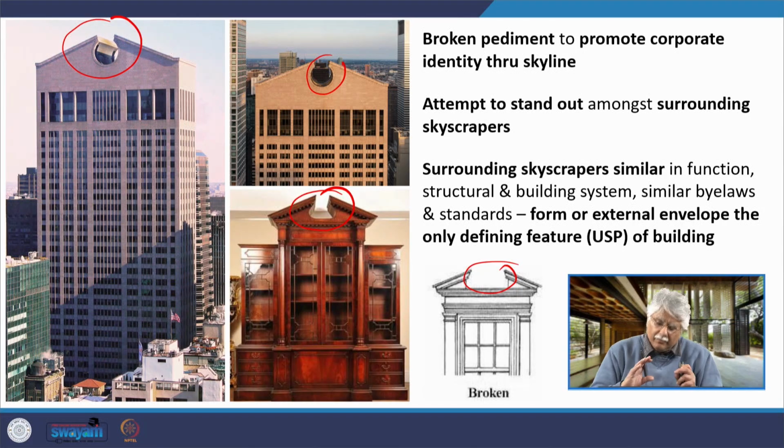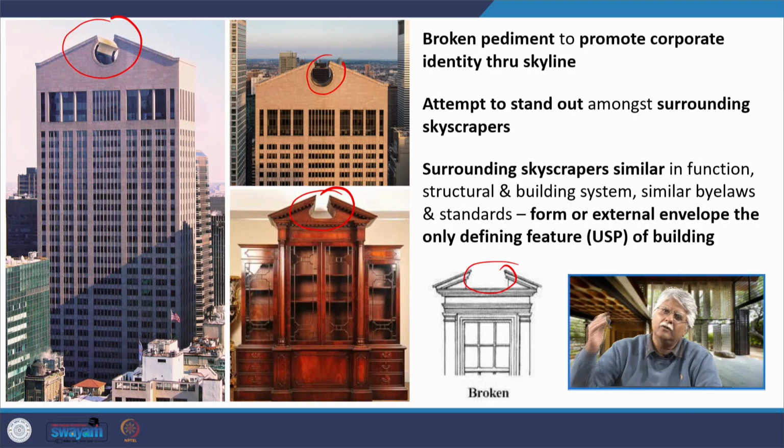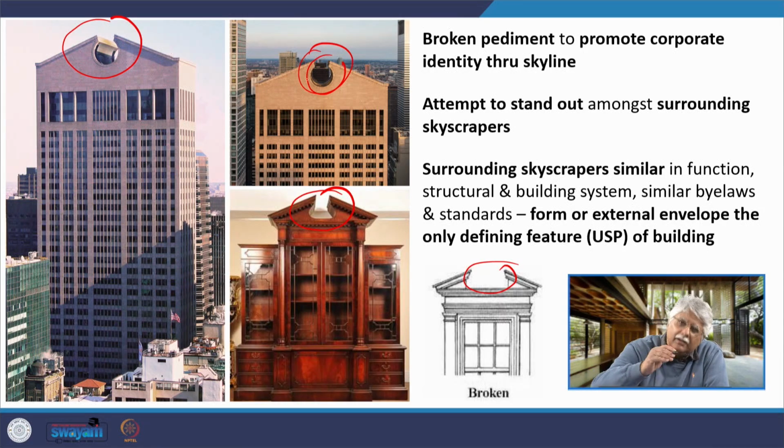In the sea of skyscrapers, how do you identify that this is this particular company's skyscraper? The unique selling point is the pinnacle of the skyscraper, and thus all the skyscrapers around are having similar functions, similar structures, similar building systems, even similar bylaws. Only by the external form, external envelope, or by the pinnacle of the building can I identify the building.